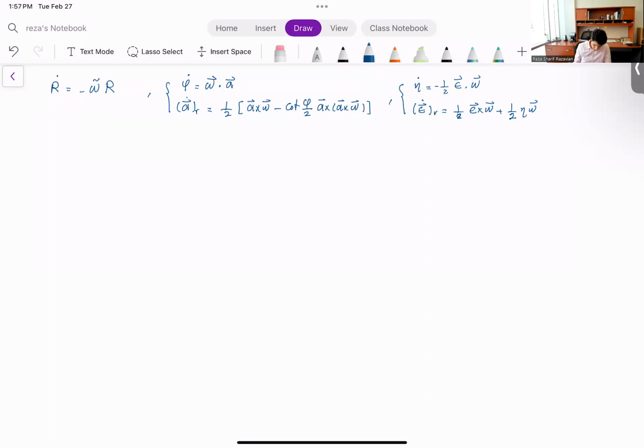Let me write it this way: for instance, in a linear or translational motion, we had R dot was V. And from here, we could take the integral, so find the position of a particle as the integral of v dt. So these equations I have on top are more or less the equivalent of the same thing.